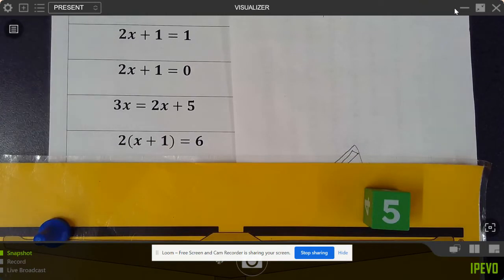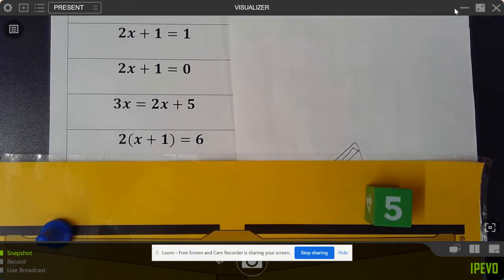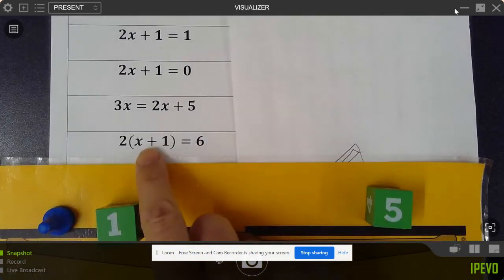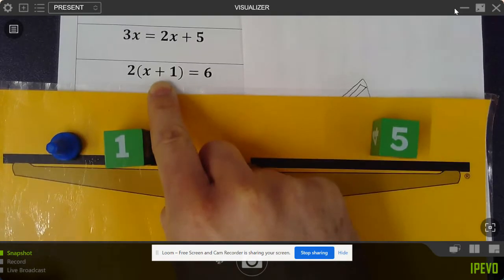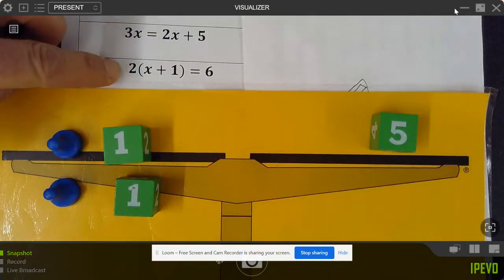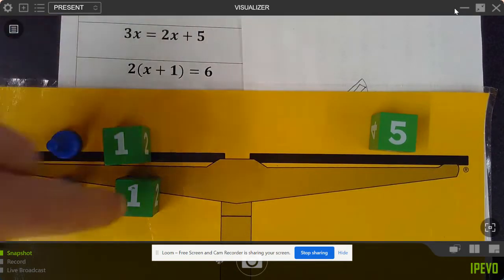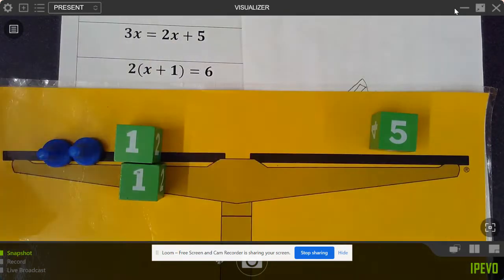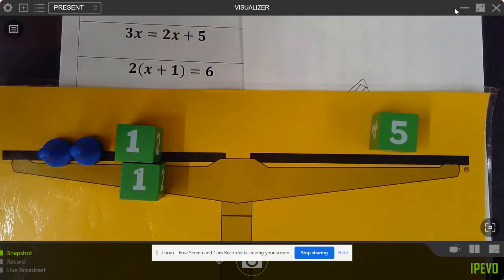And last normal equation. Now, this is the distributive property. Some of you have seen this in geometry. This would be x plus 1, but then you have it twice. That's what that 2 outside means: 2 times the quantity x plus 1. Another way to think about that is 2x plus 2, because you could distribute that.